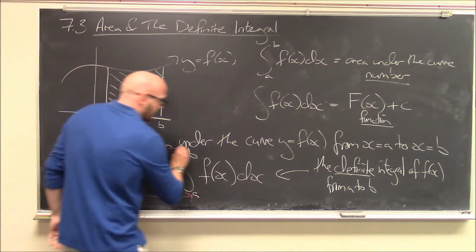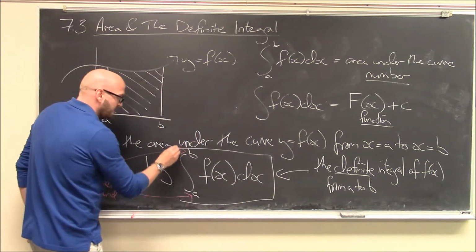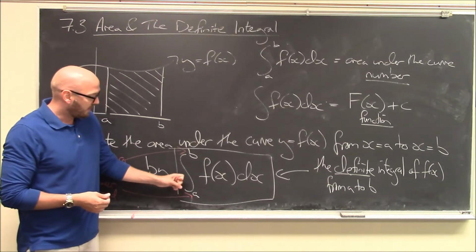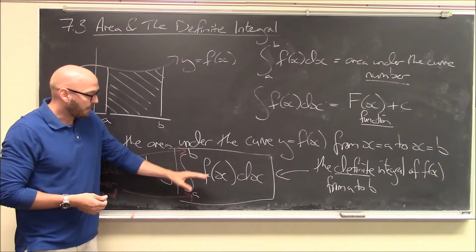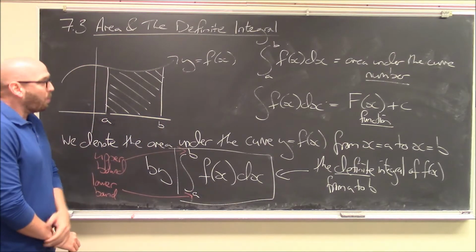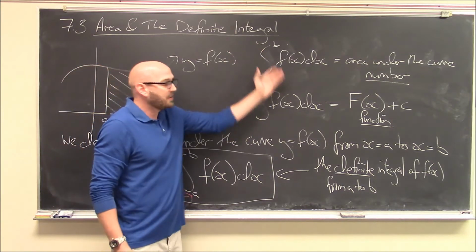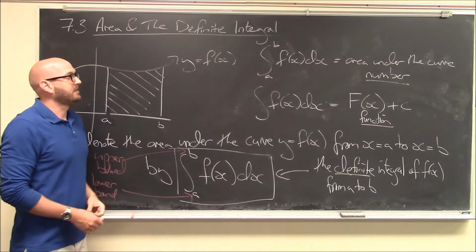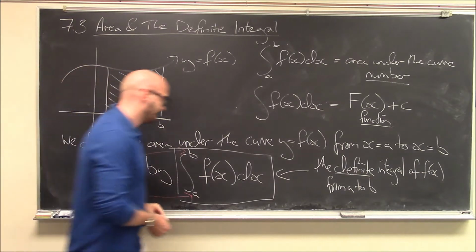So slight difference here, but this notation that we'll use forevermore, the so-called definite integral from a to b, represents the area under the curve. Why are we using such similar notation? Well, because they're very closely related to each other. But we're not there yet. That's a topic for the next section.